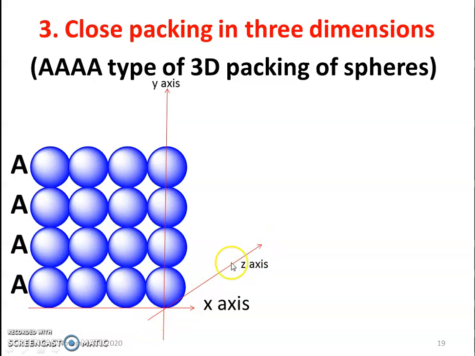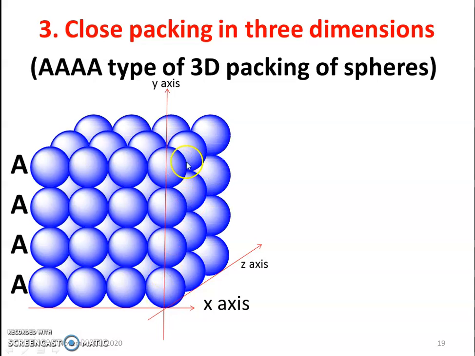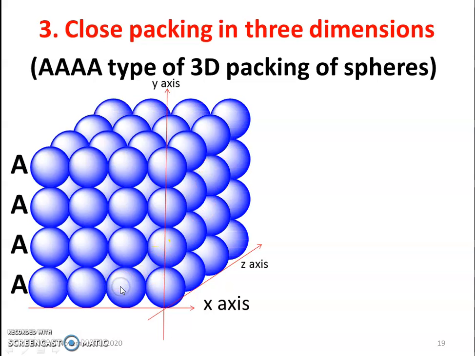Now consider the z-axis, that is the 3rd dimension. Suppose the same plane is placed behind this first layer. So this is the arrangement along the z-axis or 3rd dimension. This is the 3rd layer, just behind the 2nd, and this is the 4th layer, just behind the 3rd.